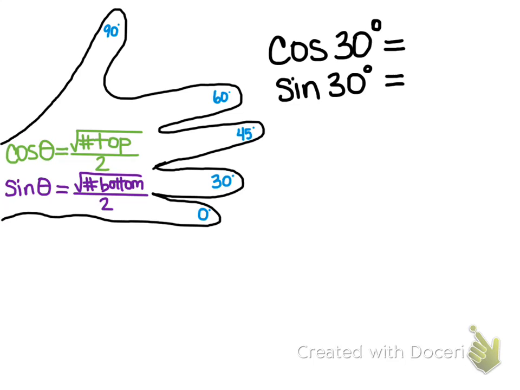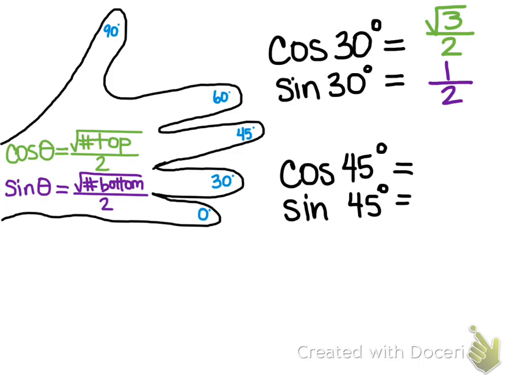So for cosine, that's the square root of 3, because there are 3 fingers above 30, divided by 2. For the sine, it's the square root of 1, which is 1, over 2. So the cosine of 30 is square root of 3 over 2. Sine of 30 is 1/2.